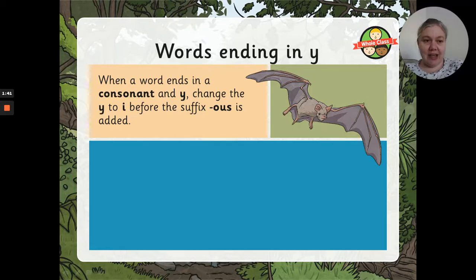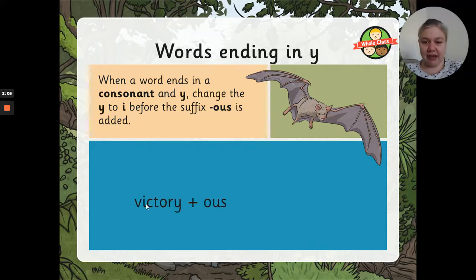When a word ends in Y, now there are two rules that you need to follow. The first one we're going to think about is if the letter before the Y is a consonant. If it's a consonant before the Y, then we have to take that Y off and change it for an I. So we're replacing the letter. So let's look at the first word.